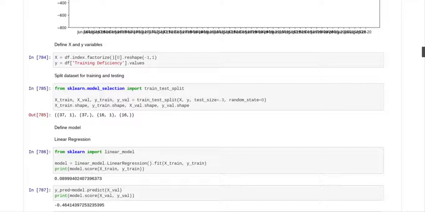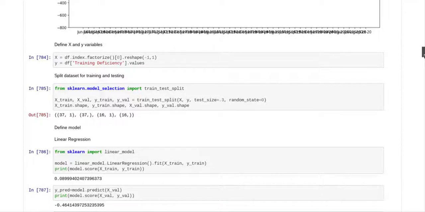We didn't have to do any pre-processing, so all we had to do was define our x and y values. So x is index.factorize()[0].reshape(-1, 1). So that's your x value. And your y value is df['training deficiency'].values.